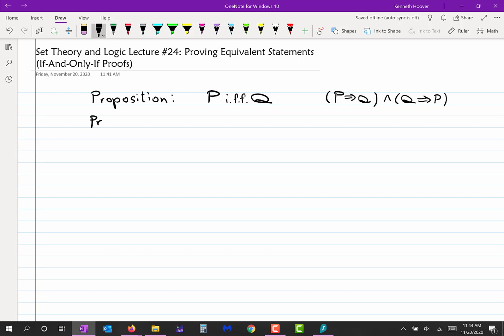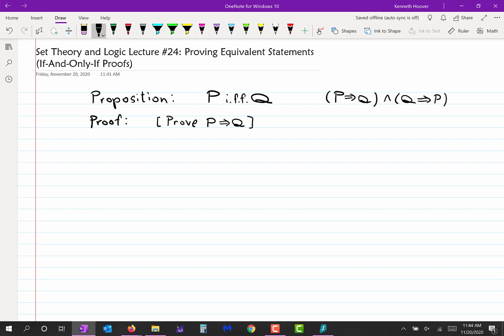So let's write this proof. So we'll put prove P implies Q. And I'm not going to write here how to do that because we covered several ways.